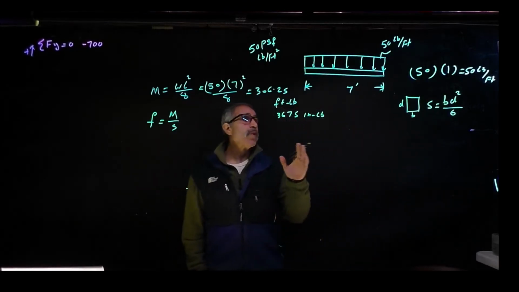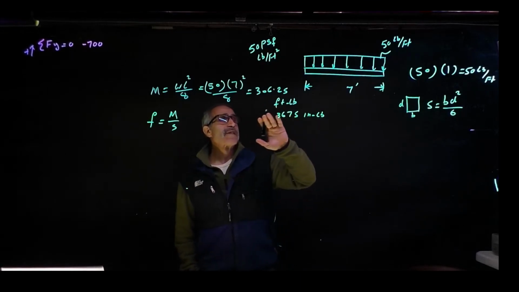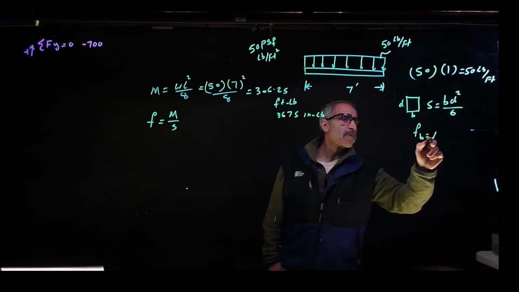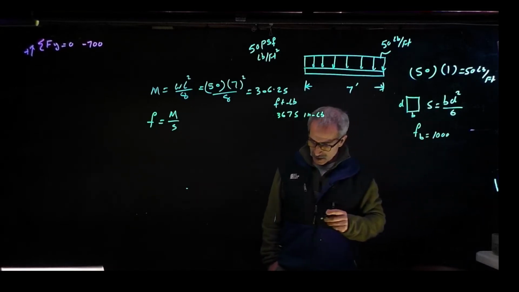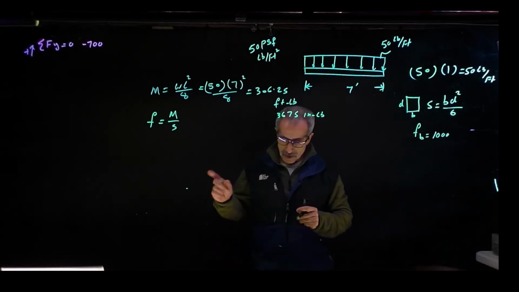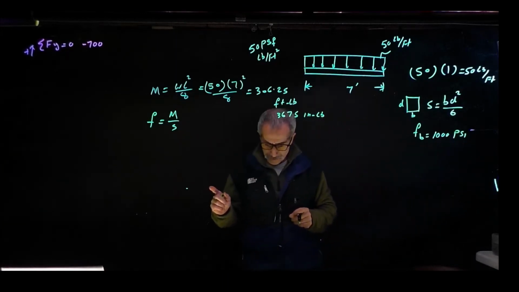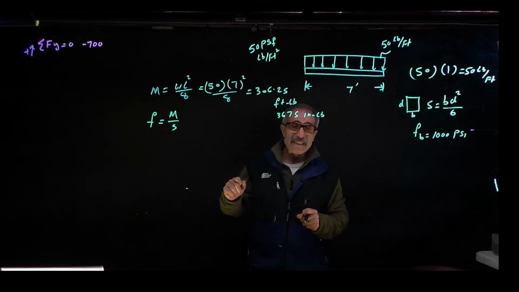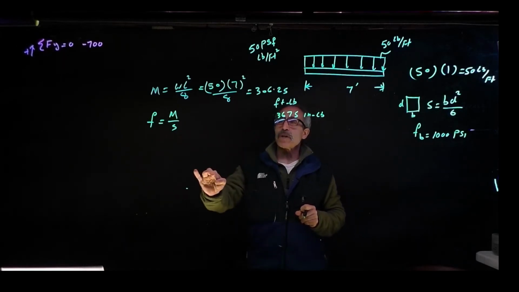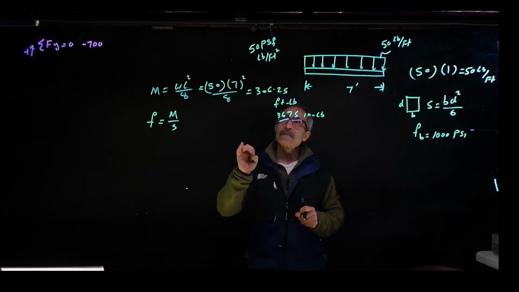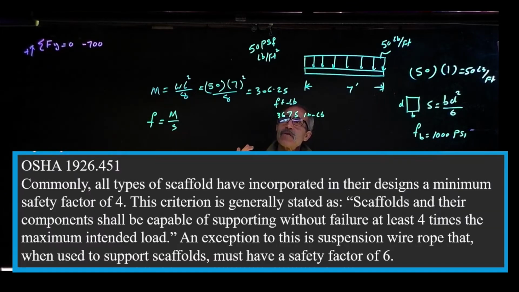Now, we were told for Douglas Fir, the Fb, the bending stress is equal 1000 psi. Now remember, this is 1000 psi. So we're working with OSHA, and OSHA says you got to use a safety factor of 4.